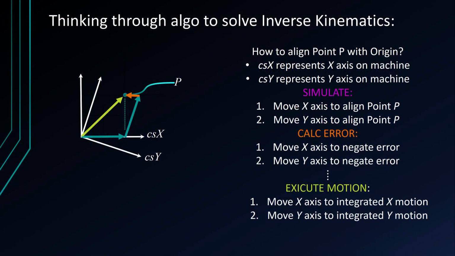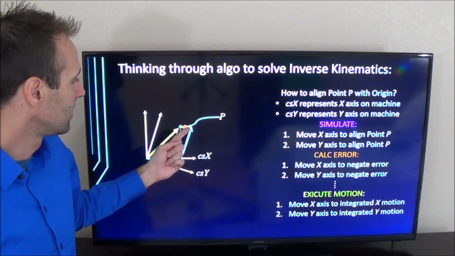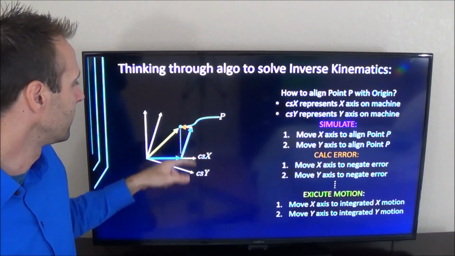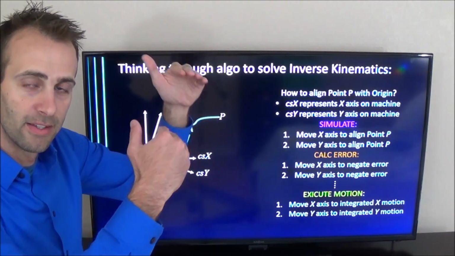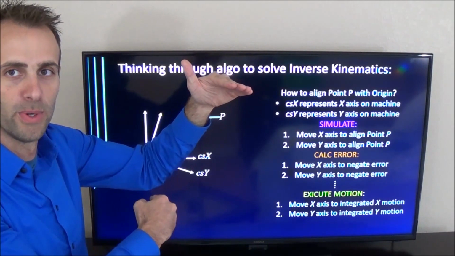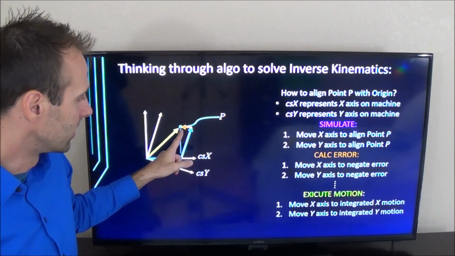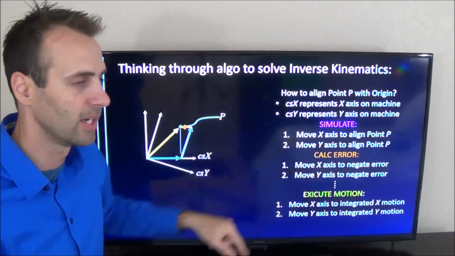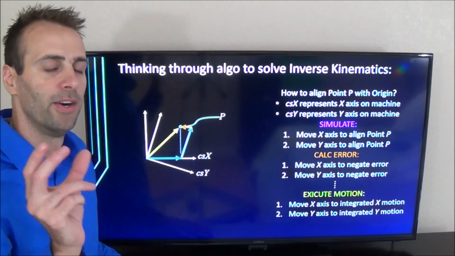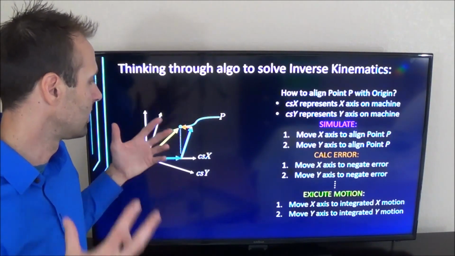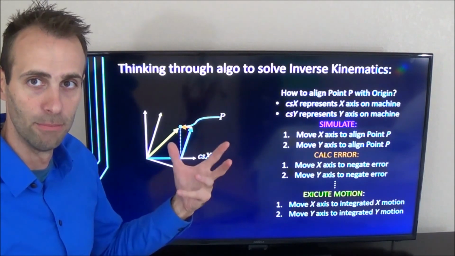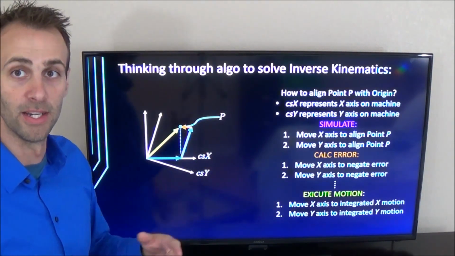So then I say, now that's my new starting point, and I simulate another move to here, and then I add the new required move to the old one, and that gets me closer. Okay, so then I put this into a solve block and say, when my error is smaller than I care about, stop. Okay, and then that gives me the actual vector that I need to move to get to where I need to be in one shot.